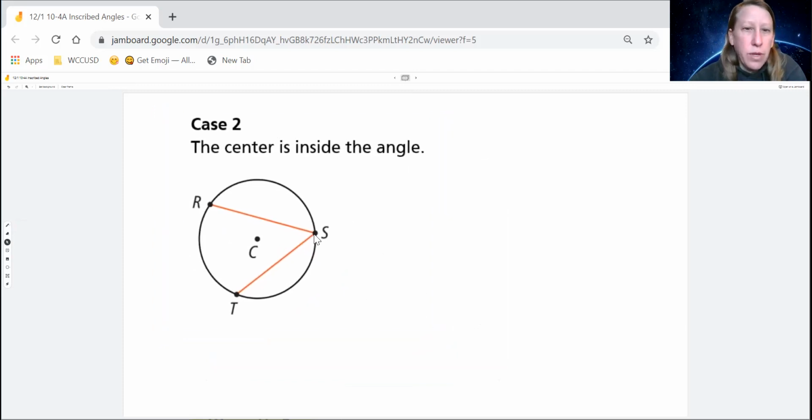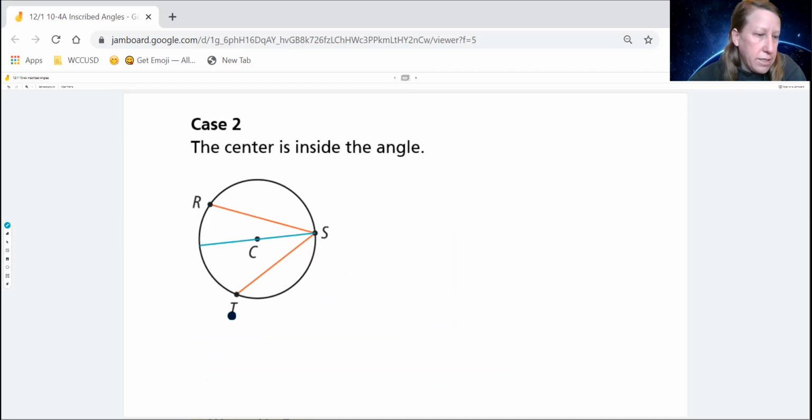So let's play this way. I'm still trying to find the measure of angle S. And what I want to know is, how is it related to this arc out here? I just found out that if it has a diameter right here, then I know the relationships here.